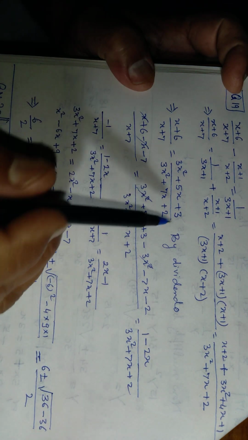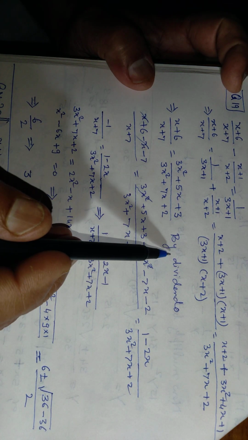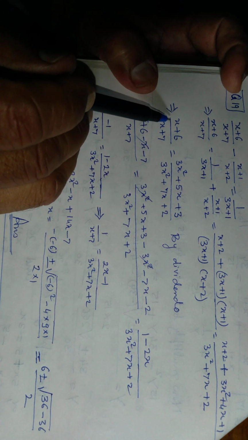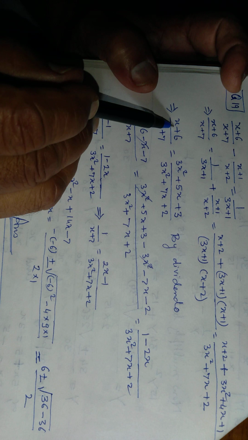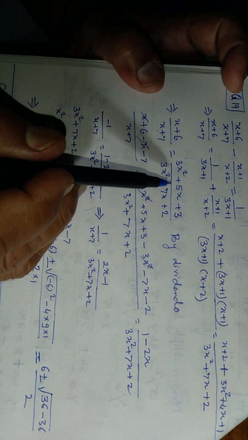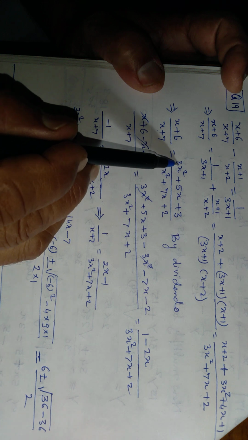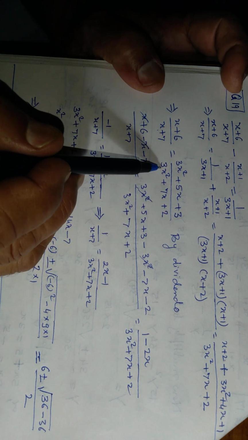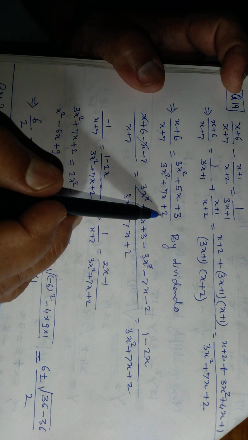Now by dividendo, we can write x plus 6 by x plus 7, 3x square plus 5x plus 3 equal to 3x square plus 7x plus 2.